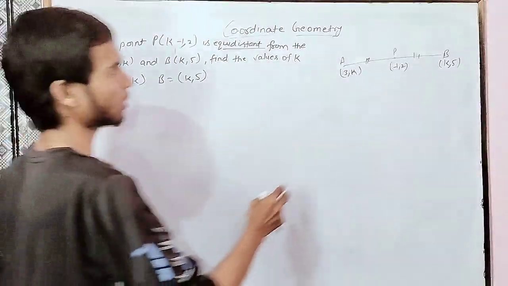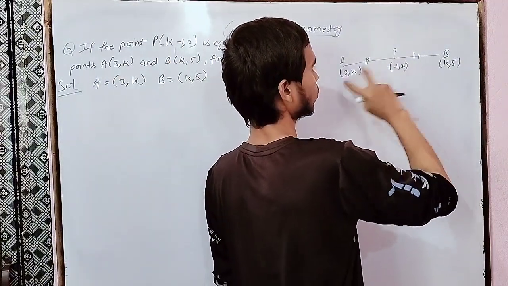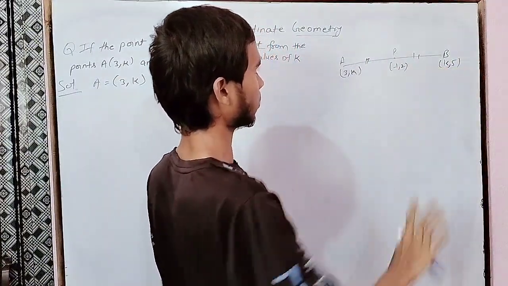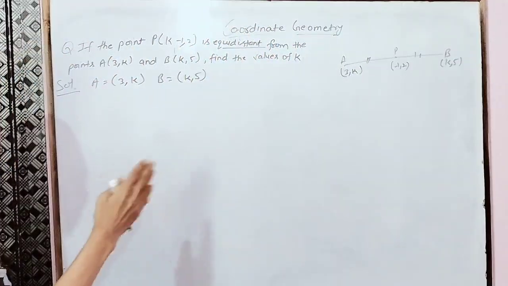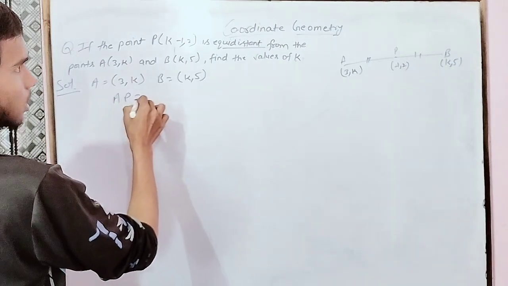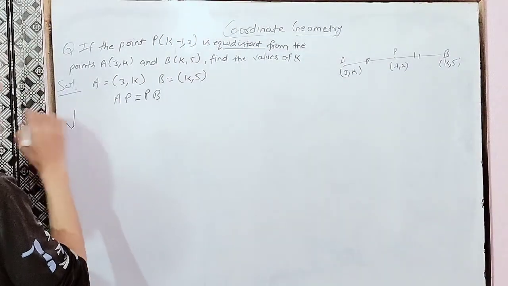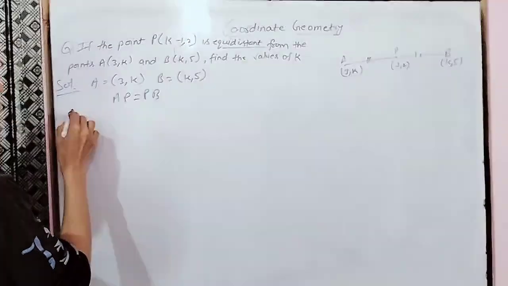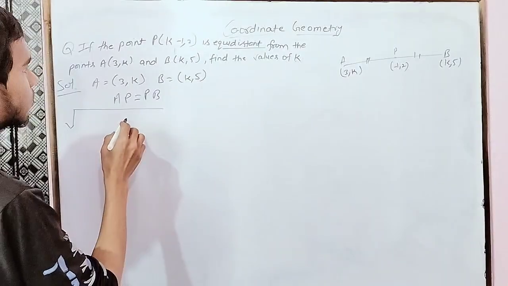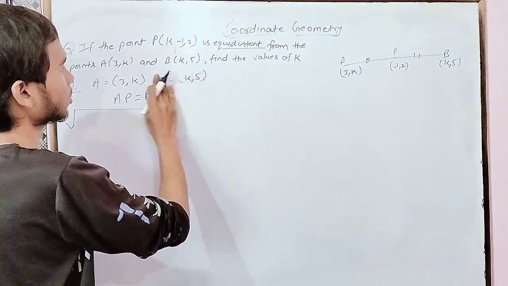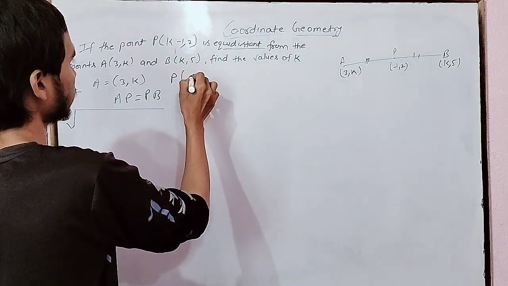Let's see, so here we have what? How much? We have 2 line segments, AP, PB, and both are equal to each other. So can we take it as AP = PB? Of course, yes. Then we are going to apply the distance formula. So here P will be what?